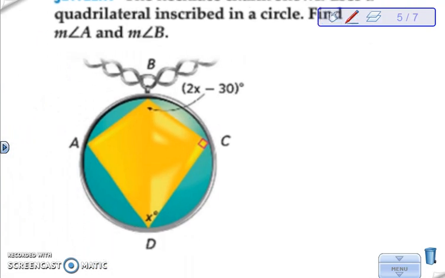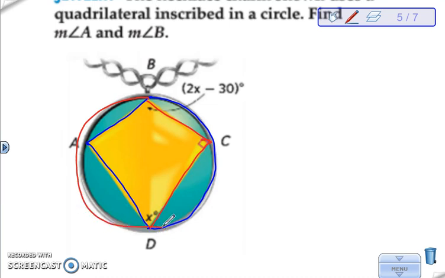So if I'm looking for measures A and B, I notice the intercepted arc for angle A combines with the intercepted arc for angle C to form a full circle.